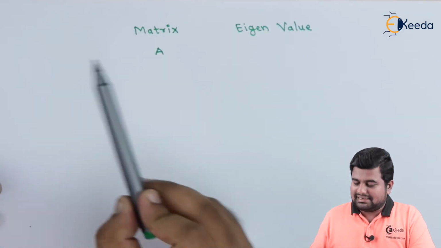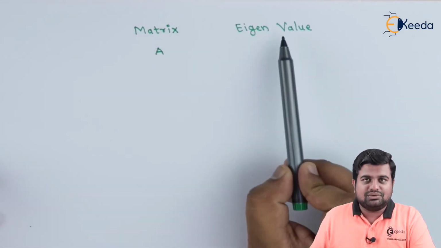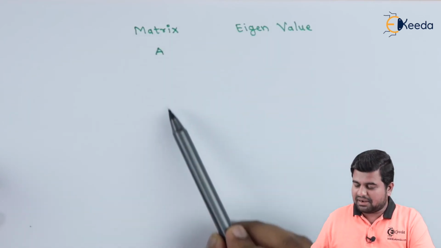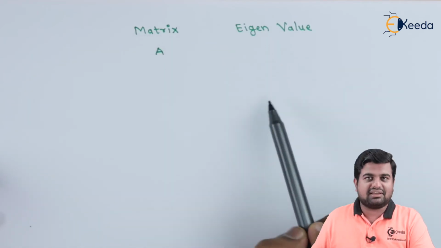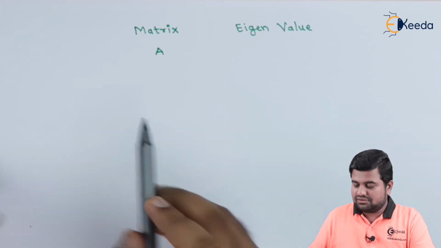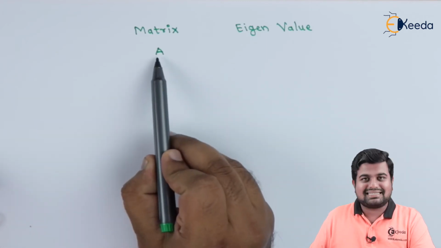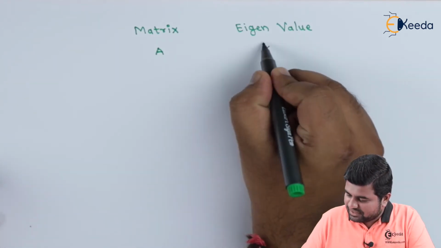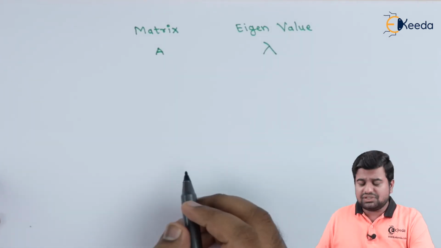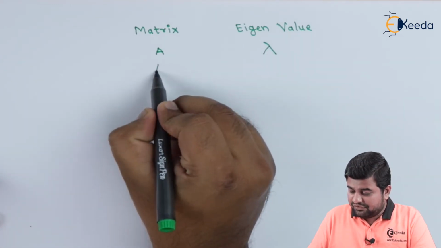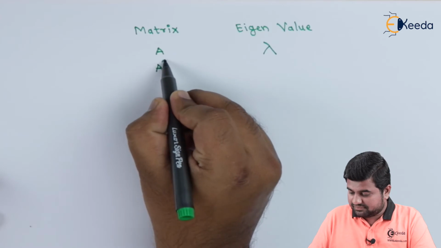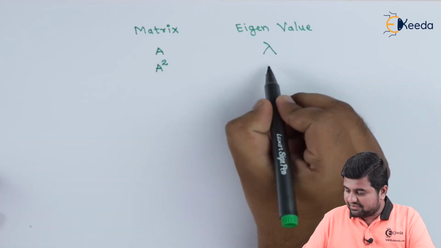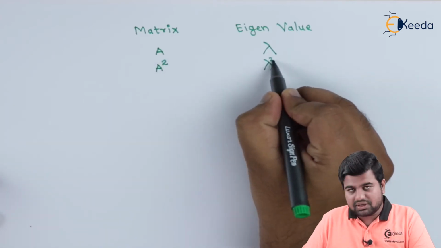So let us understand the matrix and eigenvalue. We are going to have different types of matrices over here and the respective eigenvalue. For consideration, we are taking matrix A and the respective eigenvalue as lambda. As we know, if we have A square, then we can have eigenvalue as lambda square.